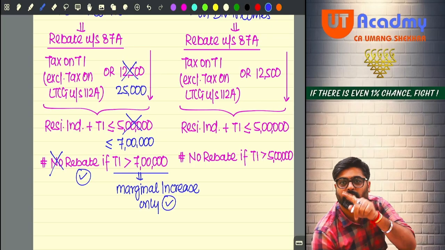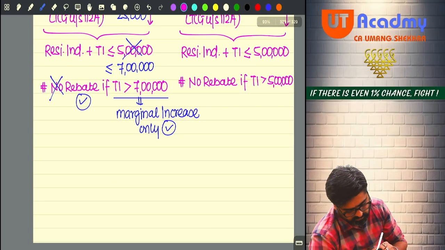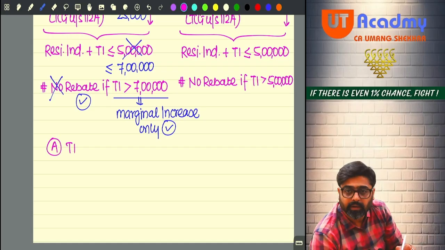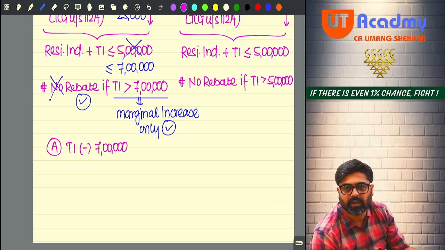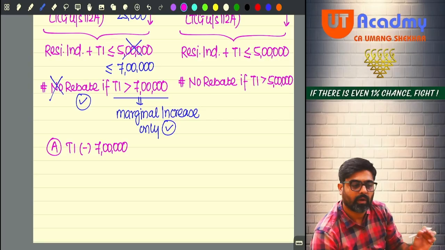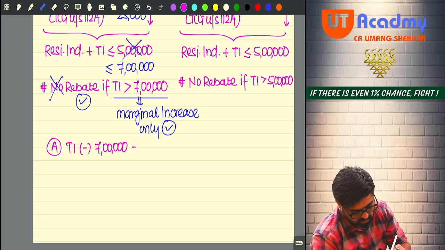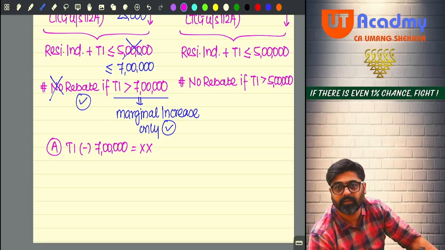Now in this case, how will the rebate be calculated? Simple, 3 steps. Step number 1, A: calculate your total income minus 7 lakh rupees. Because till 7 lakh you were getting rebate, no? So now we will see how much total income is more than 7 lakhs. For example, total income is 7 lakh 5,000.